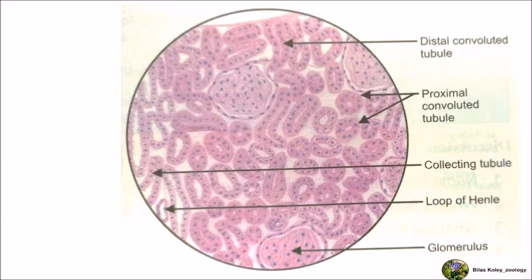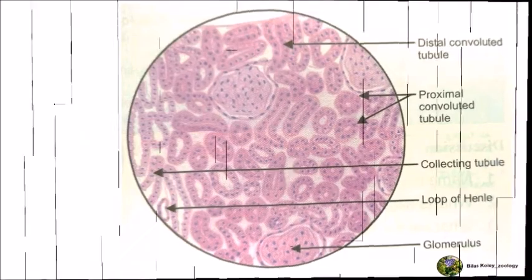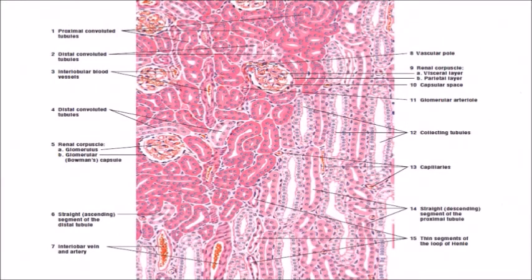Now, to identify the cross section of the kidney, we can observe the staining area. We will identify that it is made up of two layers, an outer deeper stained cortex and an inner lighter stained medulla.